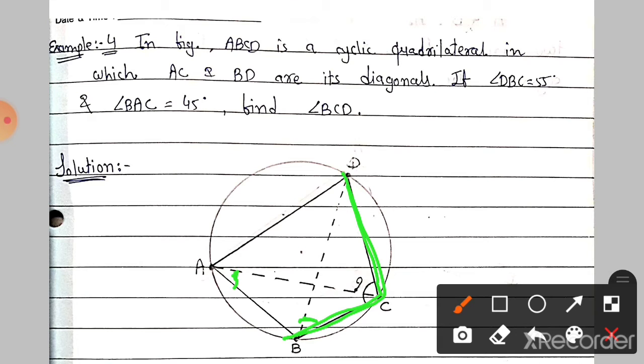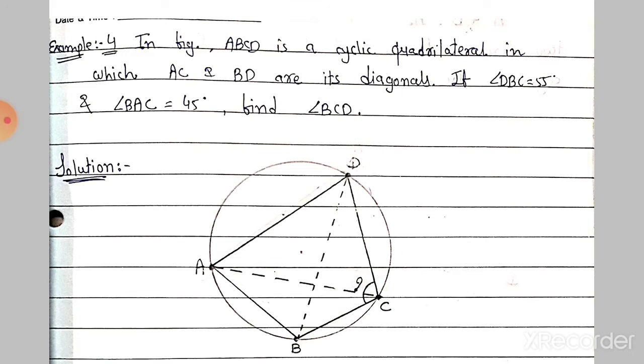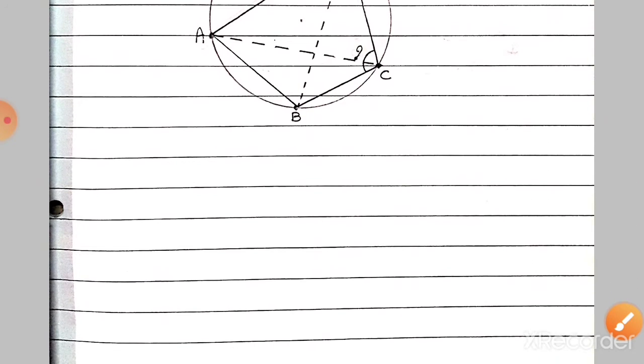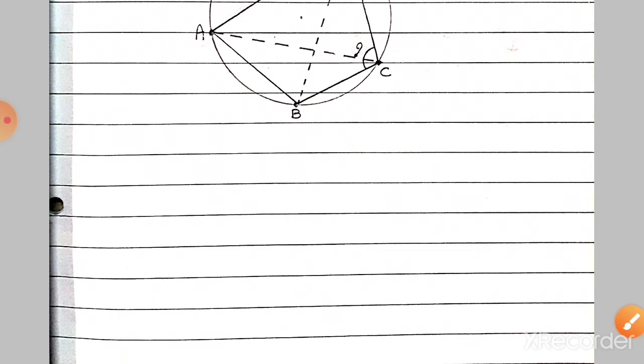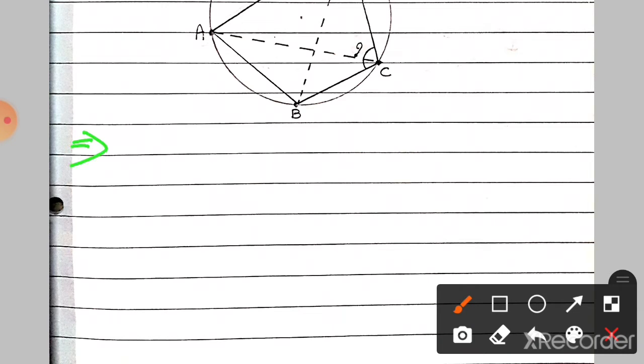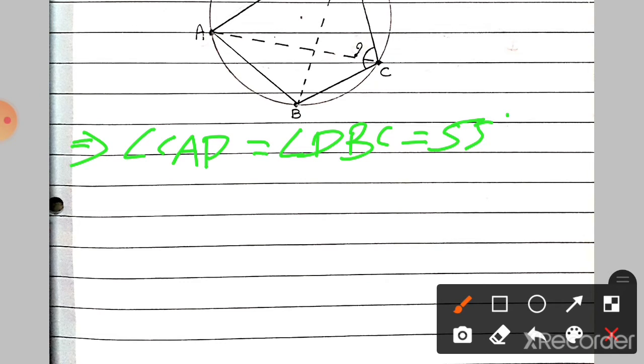Correct, students? So let's see the solution. First step, angle CAD is equal to angle DBC is equal to 55 degrees. Why? Because the angles are in the same segment.